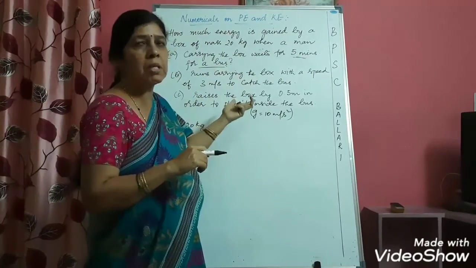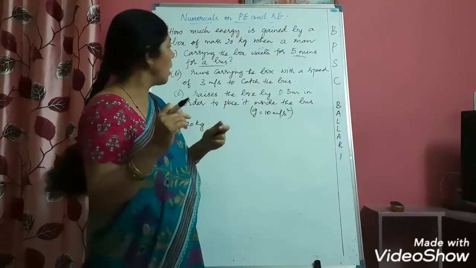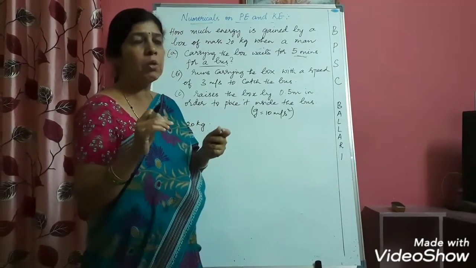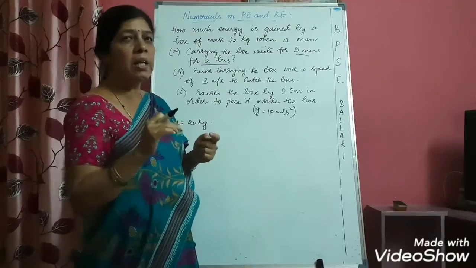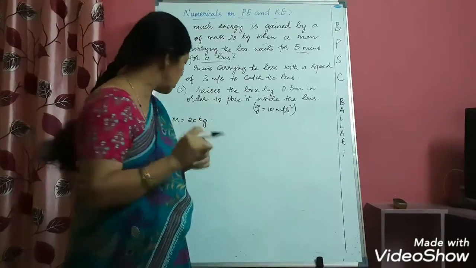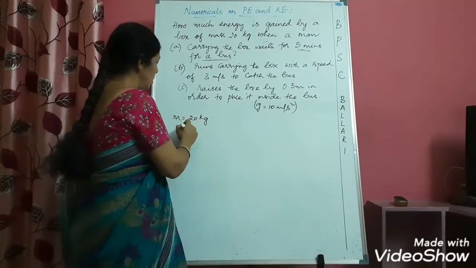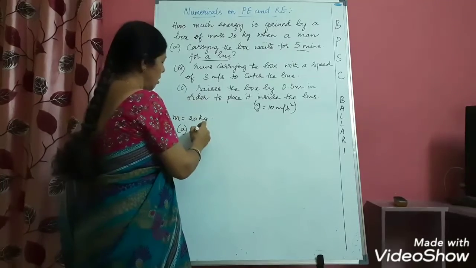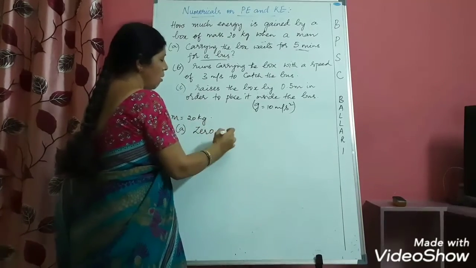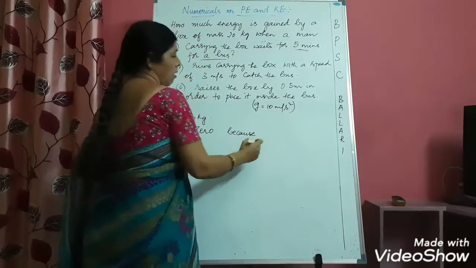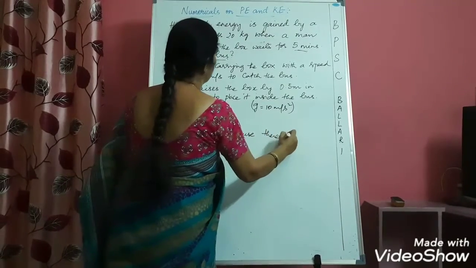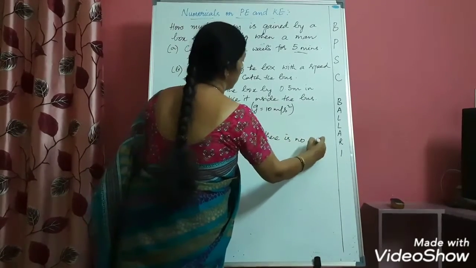There is no displacement, he is just carrying the load, and hence the work done will be equal to 0 because displacement is 0. Now the gain in energy will also be equal to 0. Hence the first answer will be 0 because there is no gain in energy.